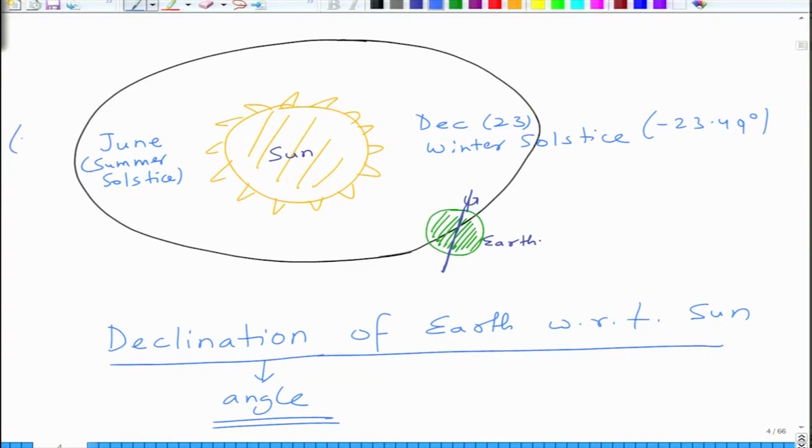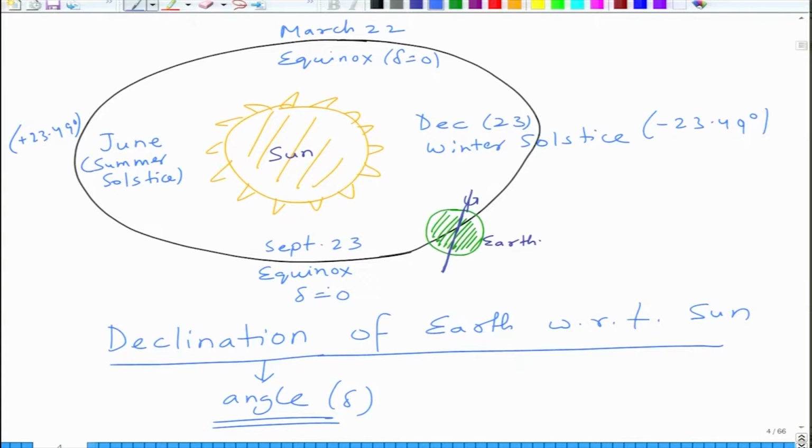In summer it goes through plus 23.49. So we are taking this for the northern hemisphere, and then you have March 22, when you have the equinox, when this angle delta is equal to 0. So this angle is called delta. And then you have September 23, when you have the equinox, and again delta is equal to 0.